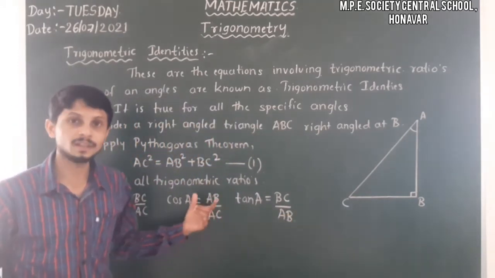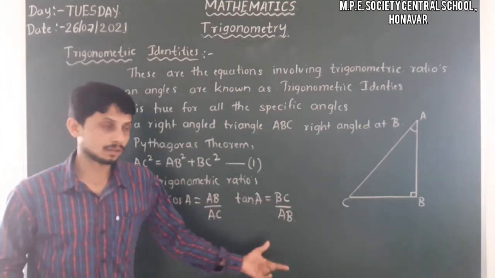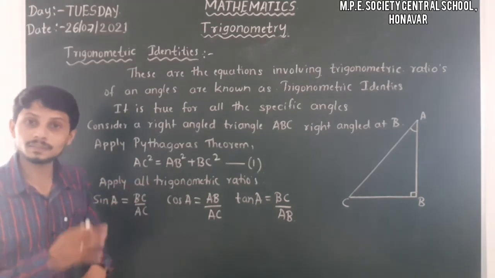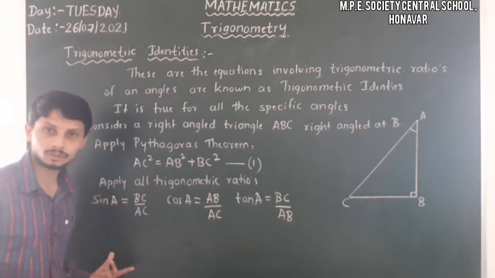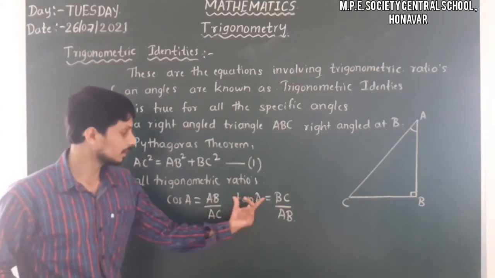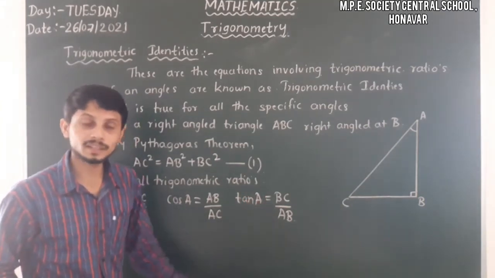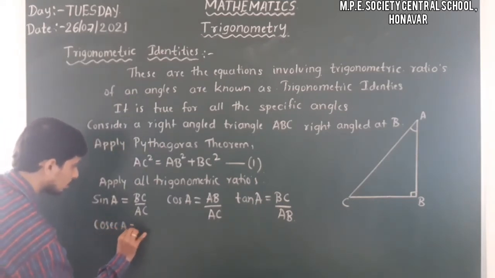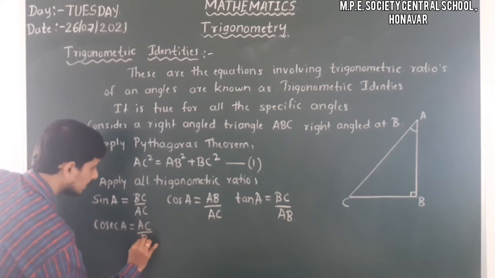Then we have to find out other trigonometric ratios as well. That is cosec A, secant A, and cotangent of A. By taking the inverse of sine A, we get cosec A, and by inverting cos A, we get sec A. By inverting tan A, we get cot A. So let us write cosec A is equal to AC by BC.